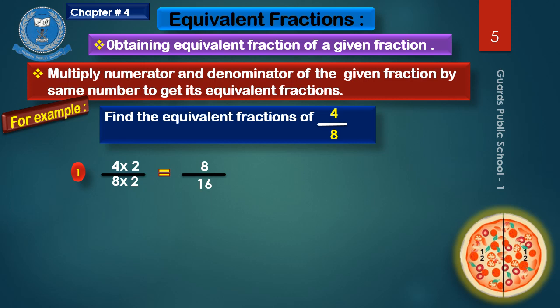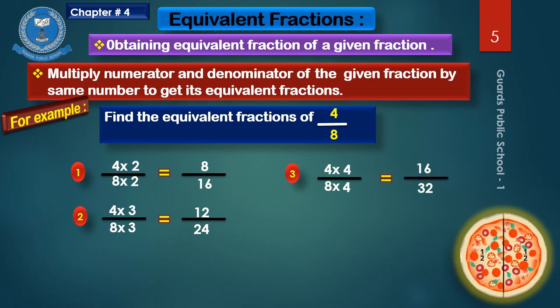8/16. Now for the second one, we multiply both numerator and denominator by 3. 4 3s are 12 and 8 3s are 24. The second equivalent fraction we get is 12/24. For the third one, we multiply both numerator and denominator by 4. 4 fours are 16 and 8 fours are 32.